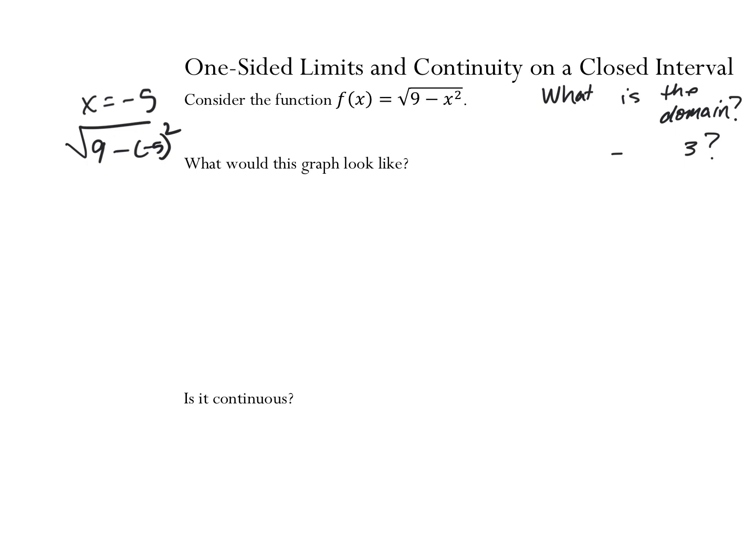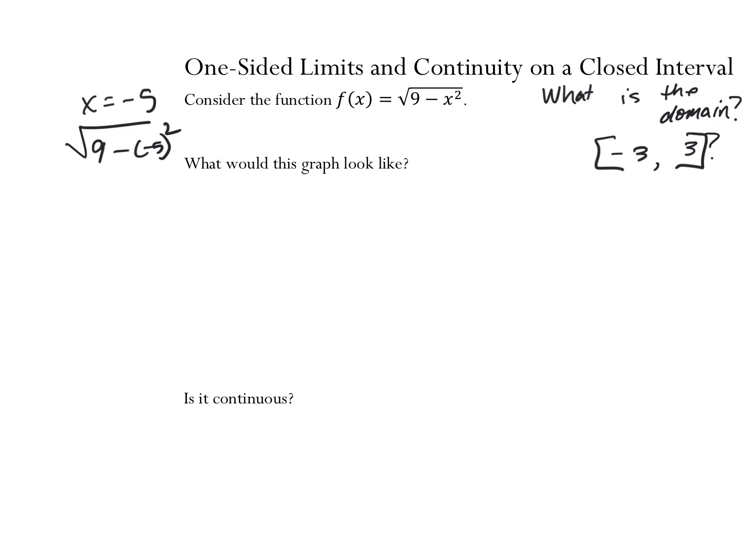Negative 3. I would agree with negative 3 to positive 3, inclusive, because we could equal it, right? But if it was bigger than 3, I'm saying 9 minus some number that's bigger than 9, I'll end up with a negative number underneath my square root sign. And if it's smaller than negative 3, it would be the same problem.